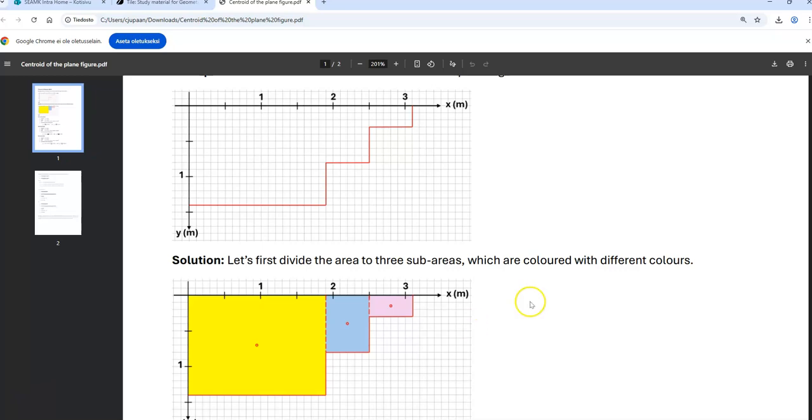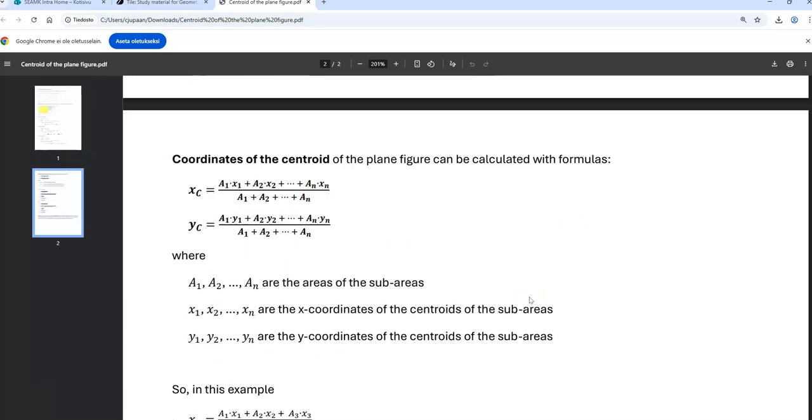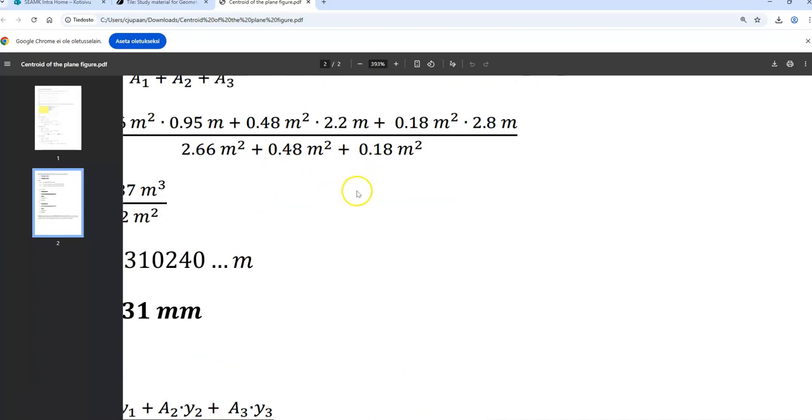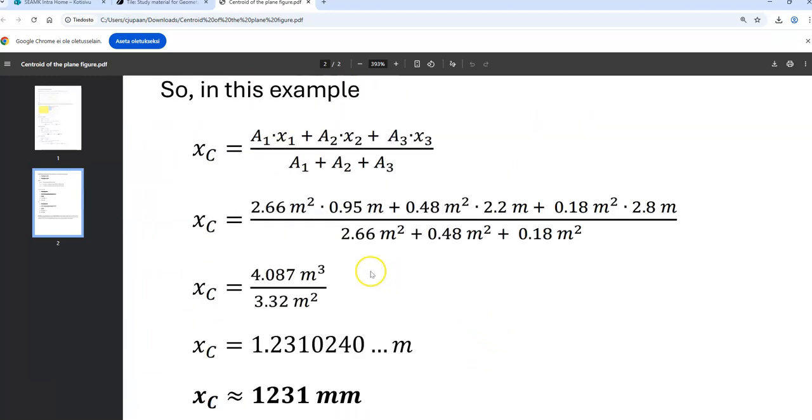When you are using different sub areas, all numbers in this calculation are different. The areas are different, and the center points, well, not necessarily different, but I think in this case they are different, or almost different.